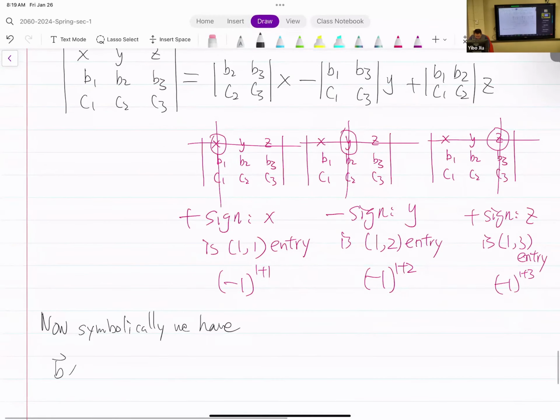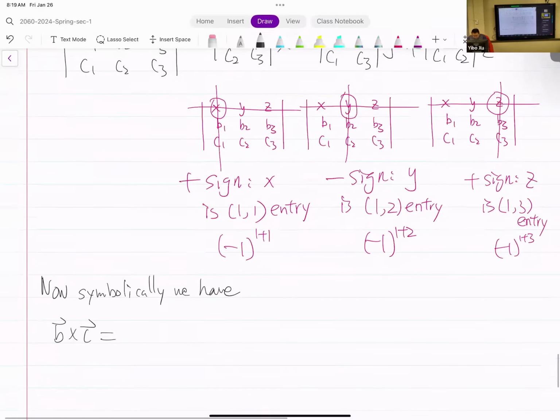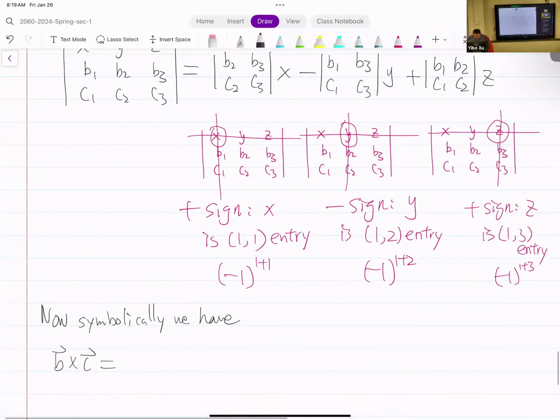So b cross c is, we just replace x, y, z by i, j, k. So i, j, k, b1, b2, b3, that's just the entries of the vector b. And c1, c2, c3, that's the row for vector c. And then we just use that top line to be the definition.